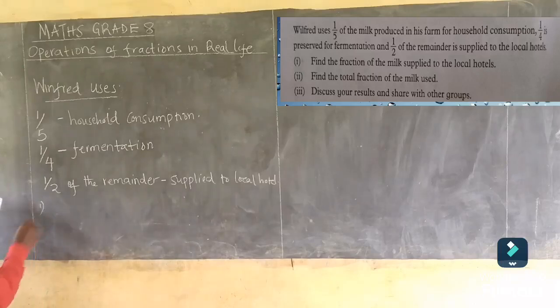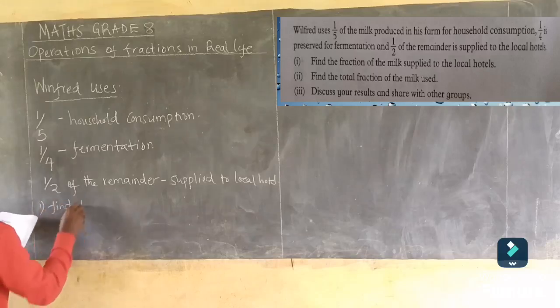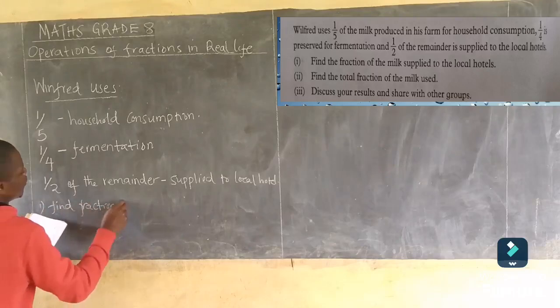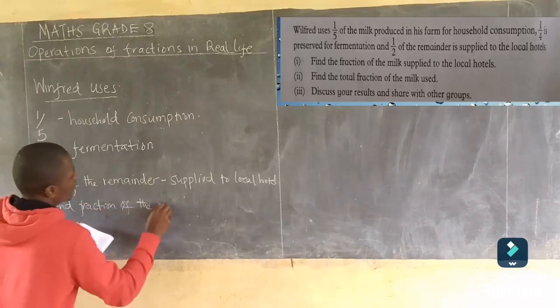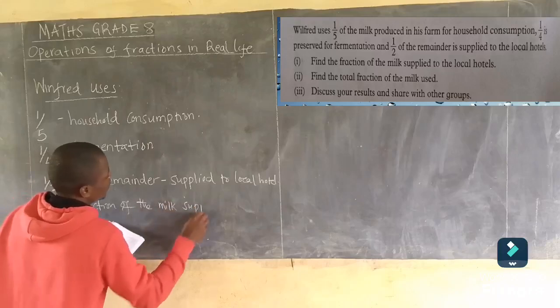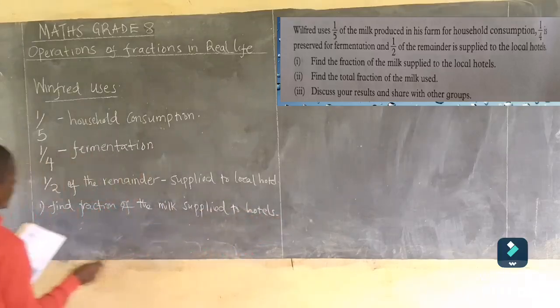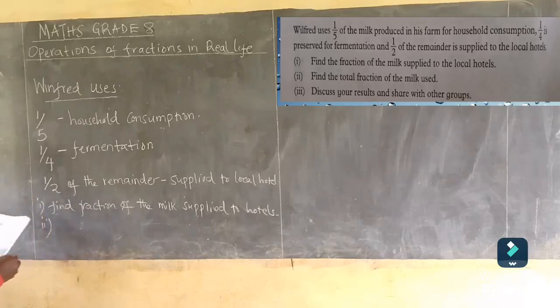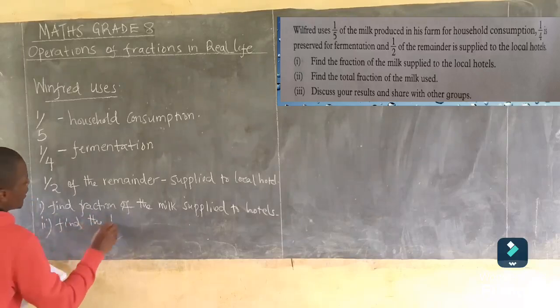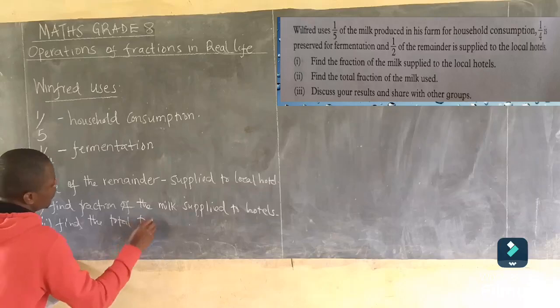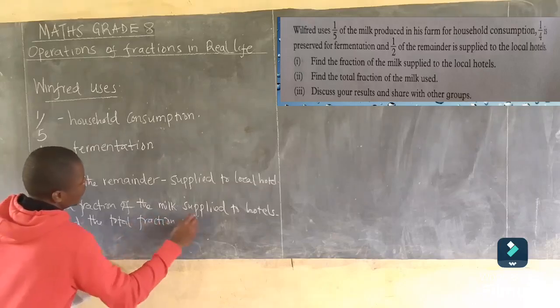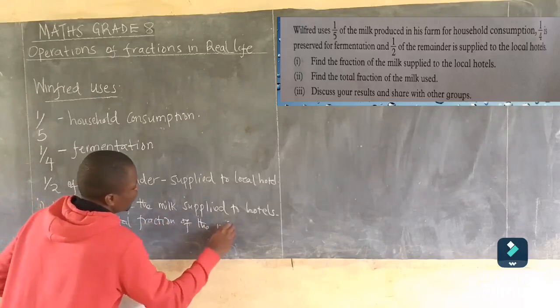So number one, they need us to find the fraction of the milk supplied to the hotels. Then Roman 2, find the total fraction of the milk used.